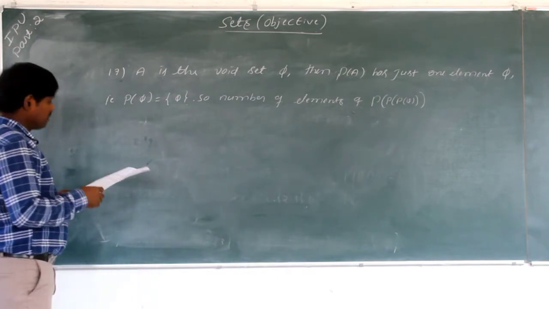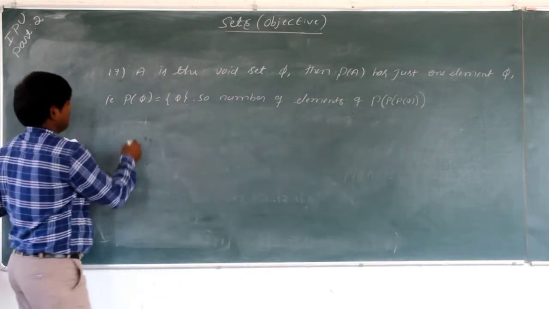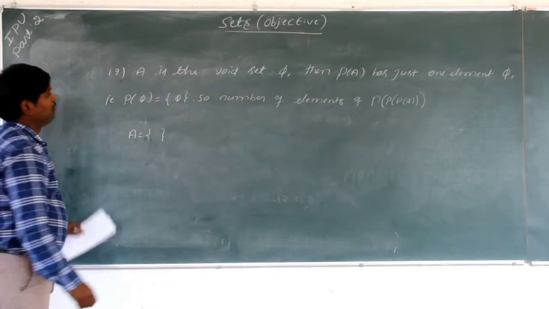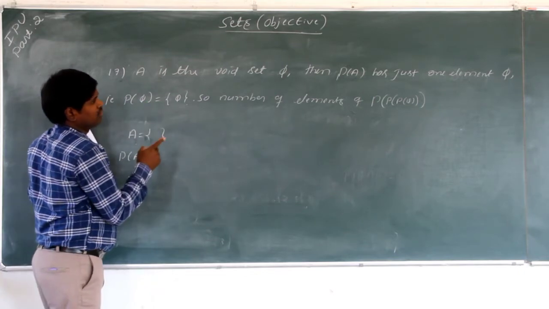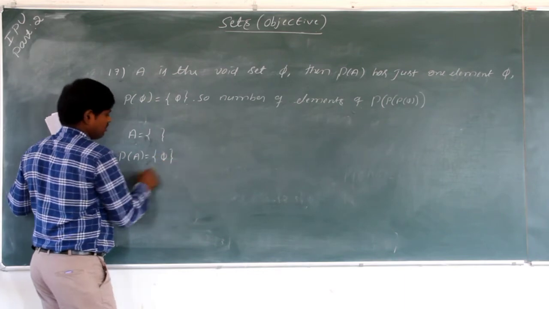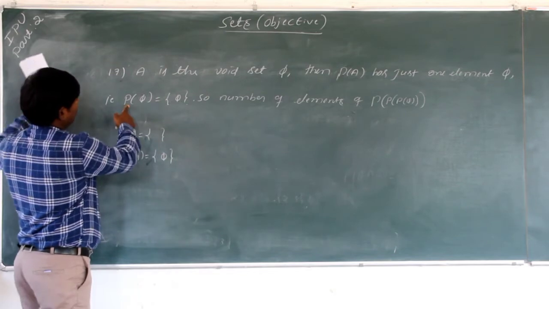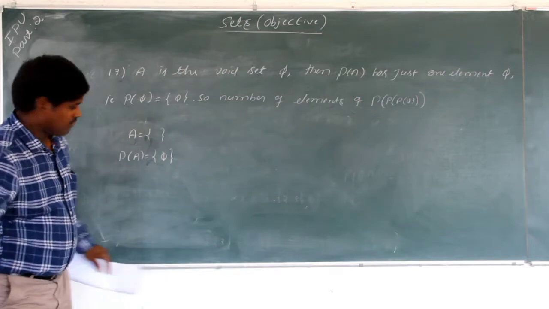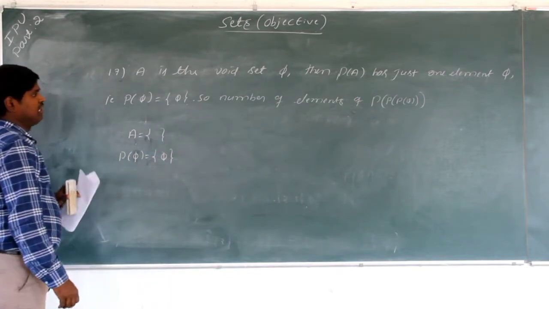It is given that A is the empty set, so the null set. The power set of A has just one element, that is phi. P of phi is nothing but only the null set itself. So P of phi consists of only the null set.